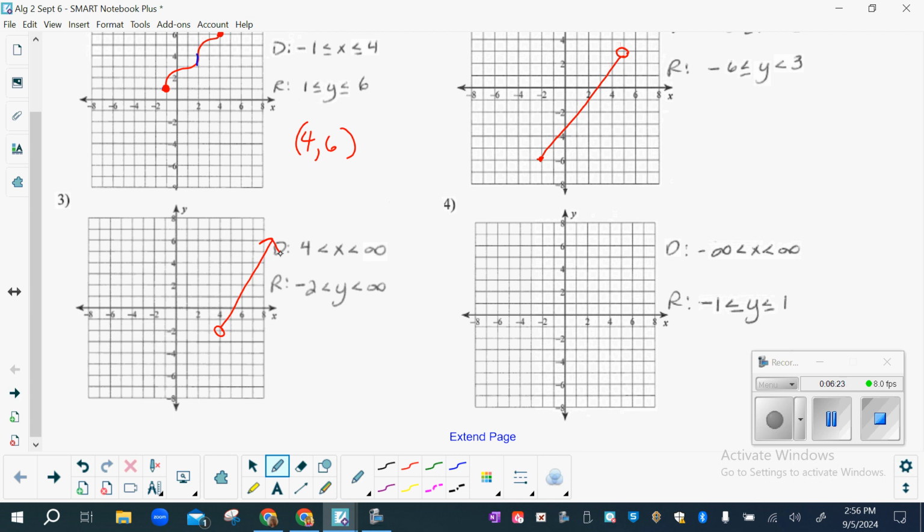So, the hardest part about this one, I think, is this. What I'm going to do is draw some dotted lines that will give me a boundary. So -1, and then I'm going to go 1 on the y.